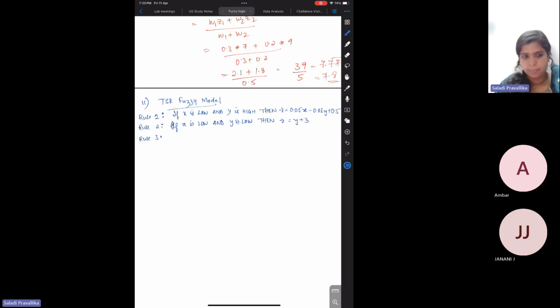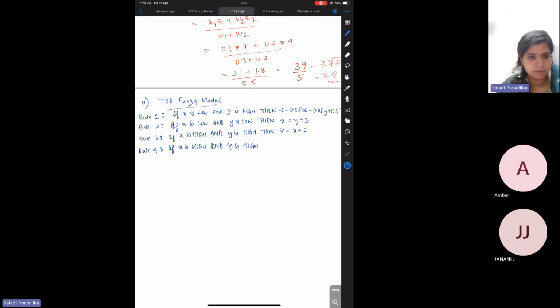Rule 3, if x is high and y is high, then z equals x plus 2. Then rule 4, if x is high and y is low, no, sorry, y is high.